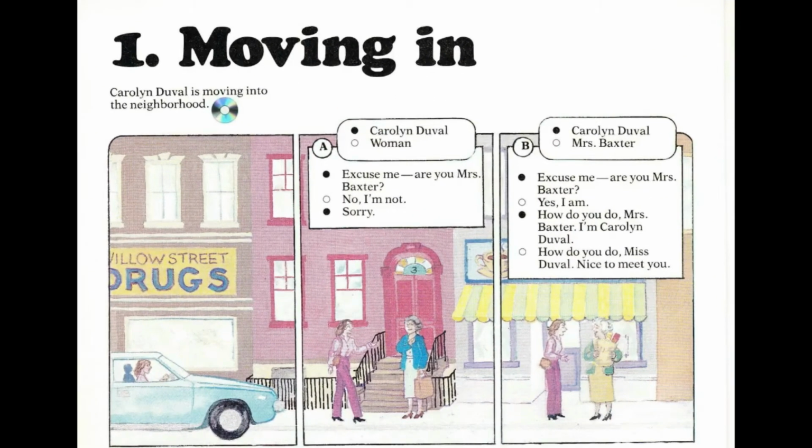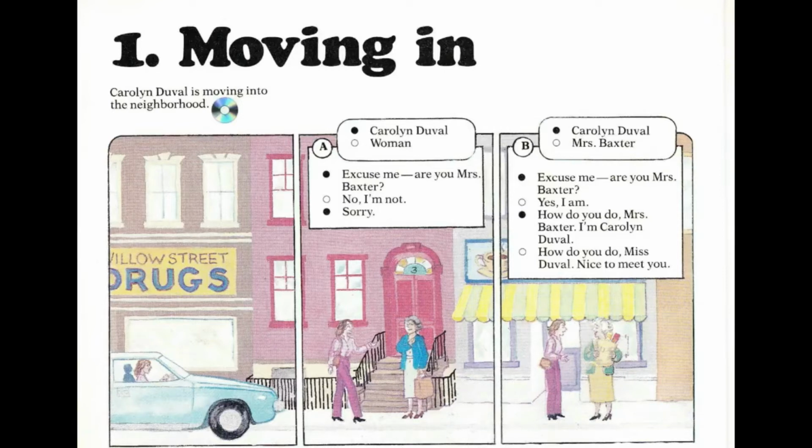Okay, now, before going any further, first let's talk about some words and expressions we have and we can see here. The subject of this lesson, as you can see, is moving in. What does this mean? It means when we go into our new home, when we enter our new apartment or house, whatever, we go inside. We go into the neighborhood.